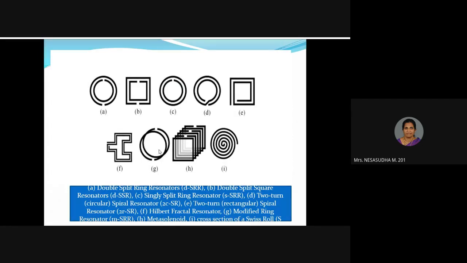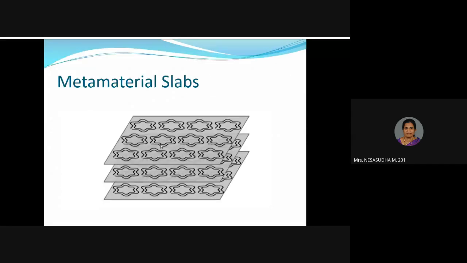Here we have some stack. This is a Swiss roll. Here it is a modified ring resonator. So these are the different structures used in normal natural materials to make them metamaterials. This is a metamaterial slab. You may be asking about the structures we saw.